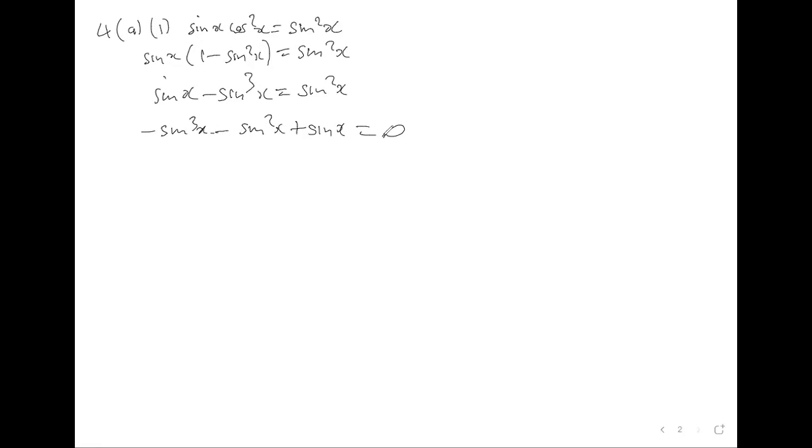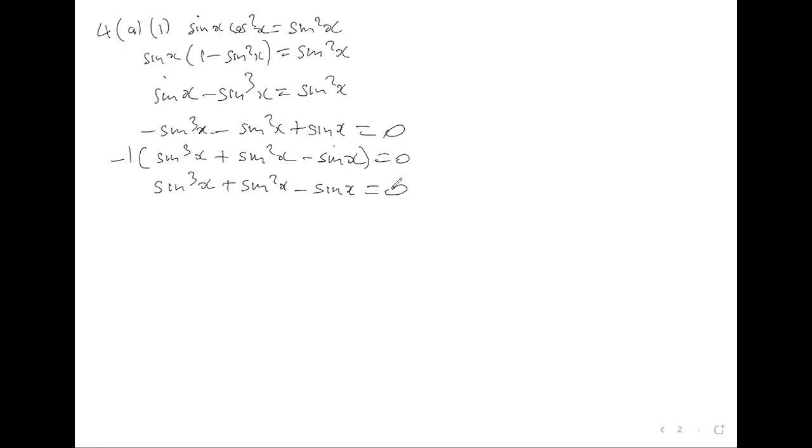Okay. When we factor out the negative, we have sine 3x plus sine squared x minus sine x equals 0. So dividing on both sides by this negative, we have now the equation sine squared x minus sine x equals 0.